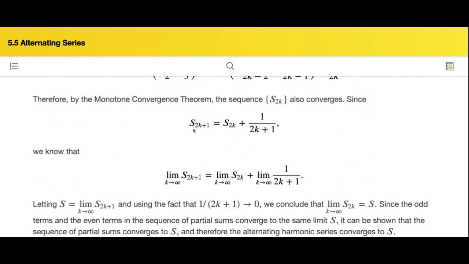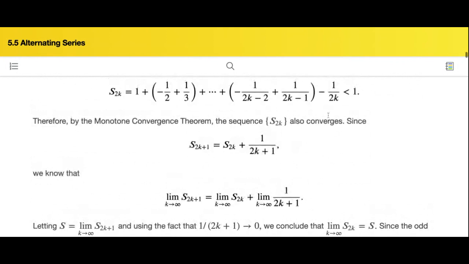So we could take a limit of this. When we take the limit, we get the limit of S2k, which is less than 1, and the limit of 1 over 2k plus 1, when k approaches infinity, of course, goes to 0.